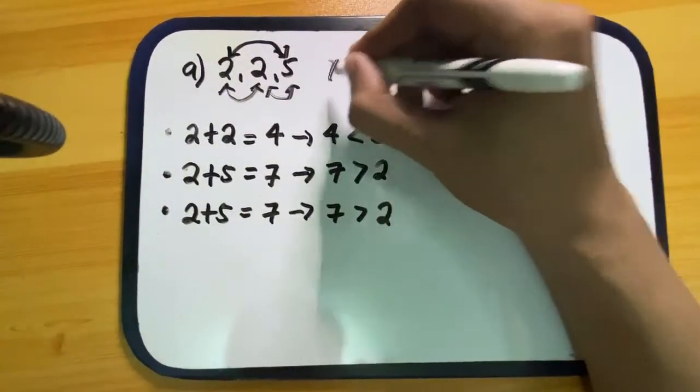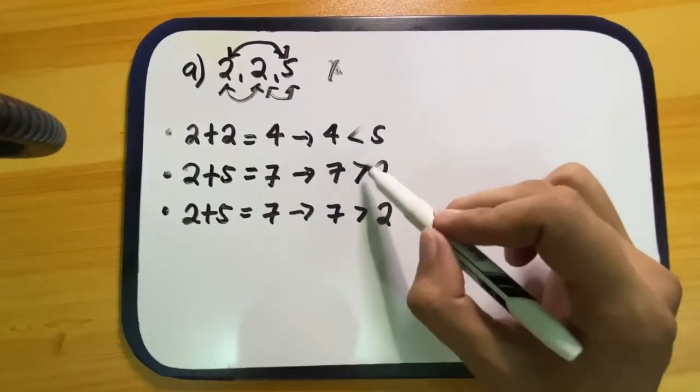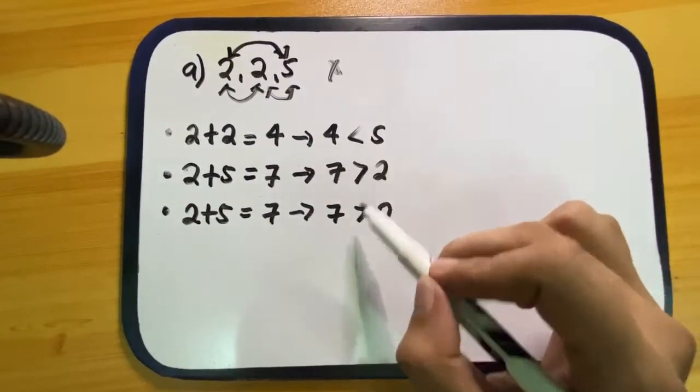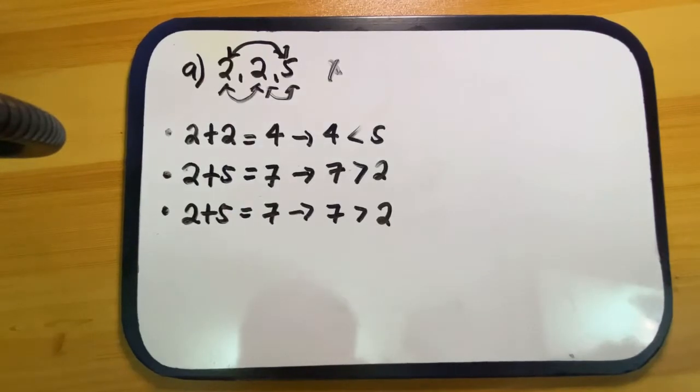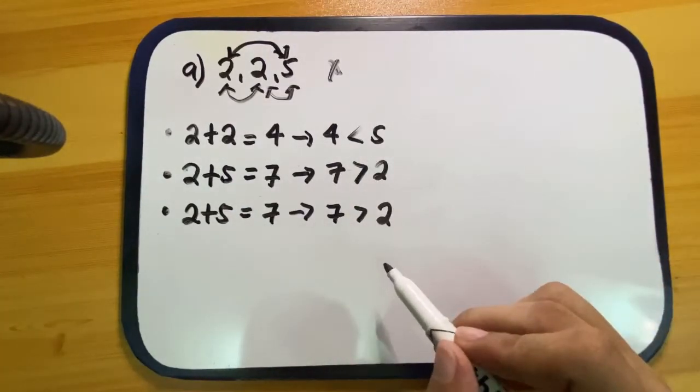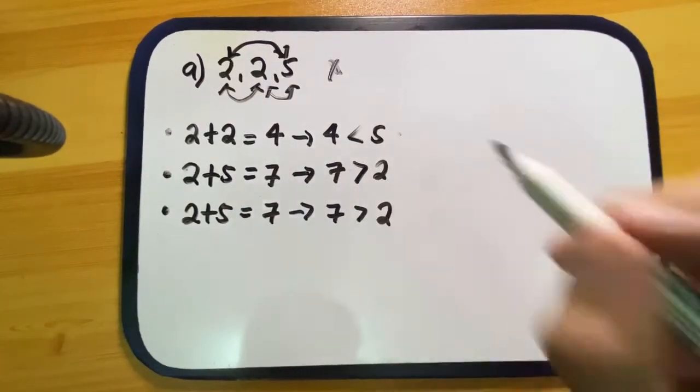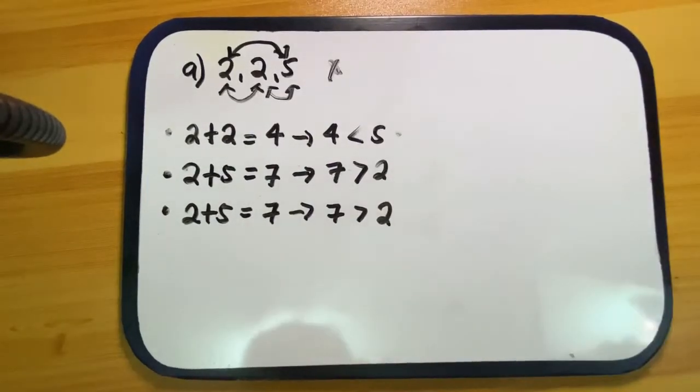Make sure that all the processes or comparisons are greater: greater, greater, greater. So the measurements 2, 2, 5 cannot form a triangle.